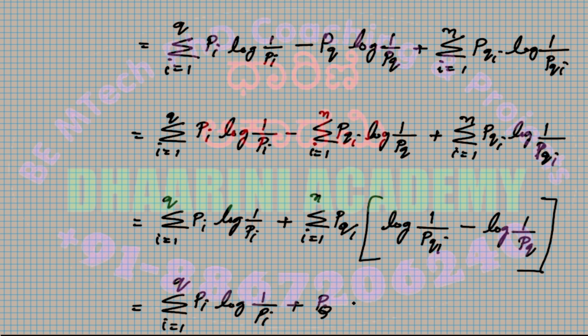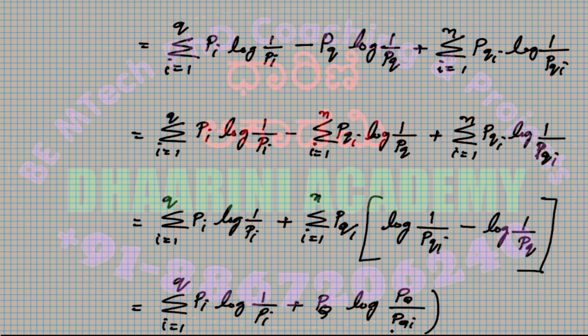Then I'll write the log of, since log a minus log b is log of a by b, a by b: this is a, this is b, so the denominator of the denominator goes to the numerator, so I will be writing PQ in the numerator. So this is PQ divided by PQI.